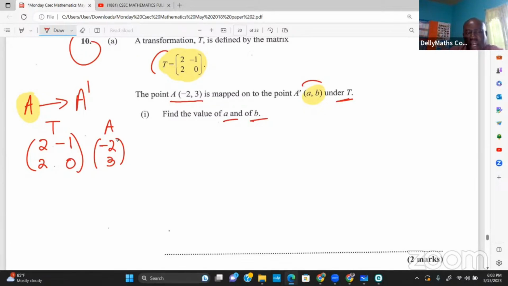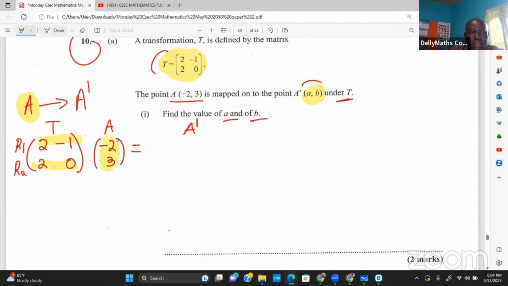And then you operate on it, regular multiplication, and it's going to give us the result for A prime. So we're talking about row by column. Here are my rows, row 1, row 2, and I only have one column.